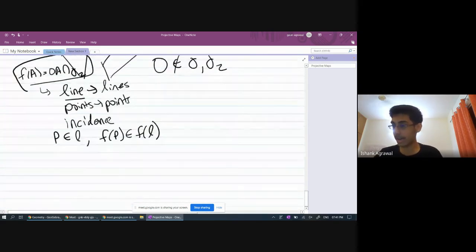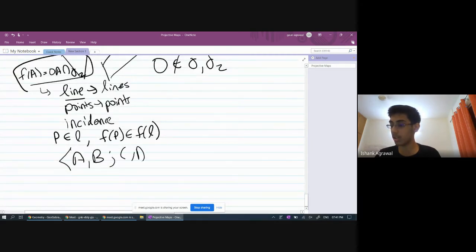First of all, I want to ask, will cross ratio be preserved? Does anybody want to sketch a proof for this?